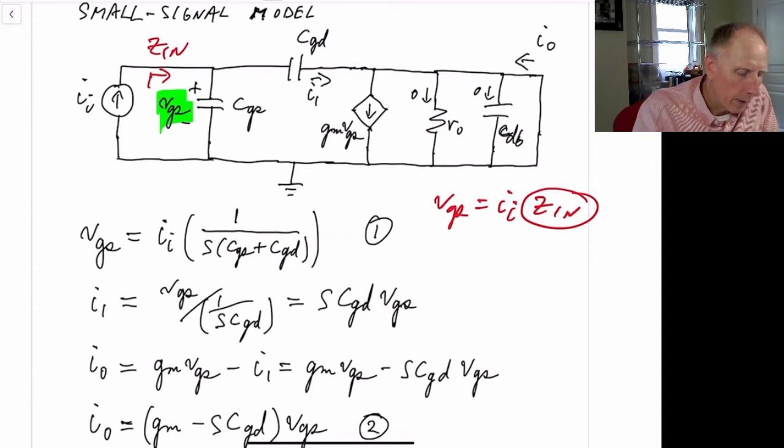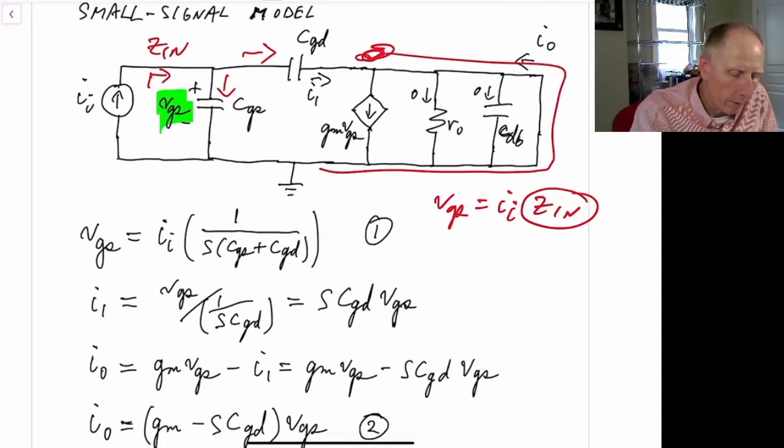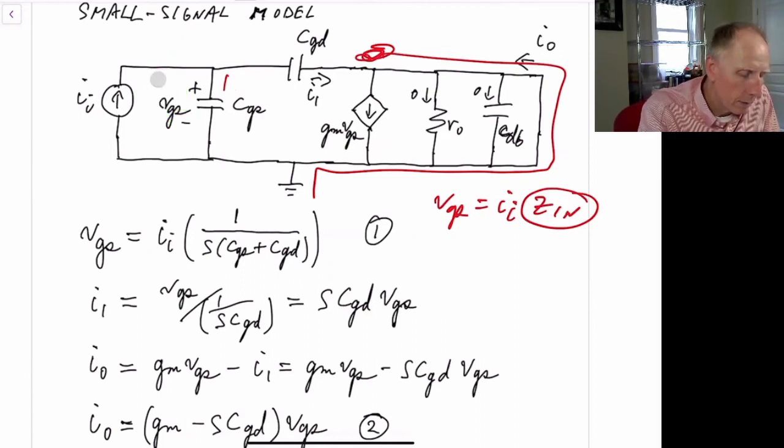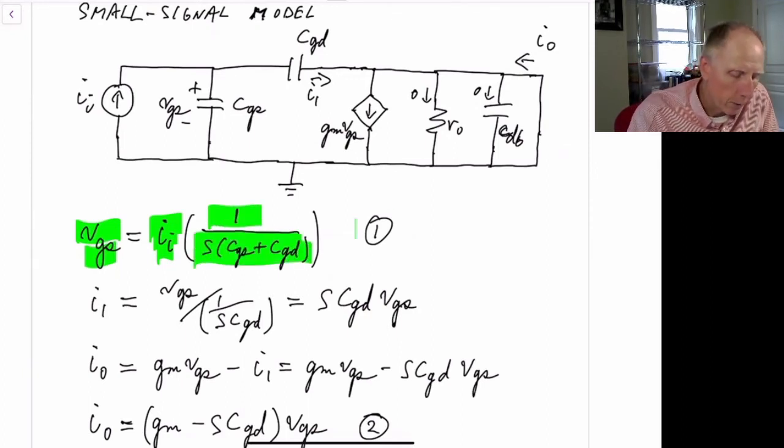Well, Zin is just the capacitance looking here, which is CGS, and the capacitance looking in this direction, which is CGD, since the other side of the capacitance here is connected to ground through this path here. So Zin is just a parallel combination of CGS and CGD. So we can write that VGS is I sub I times the parallel impedance of CGS and CGD, which is just 1 over S times CGS plus CGD. So that's equation 1.